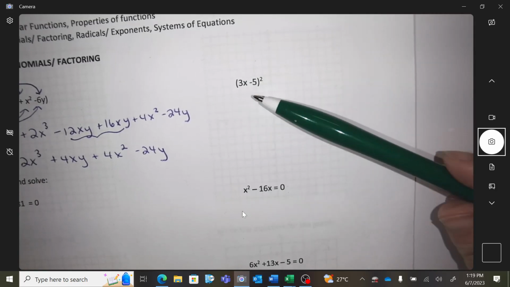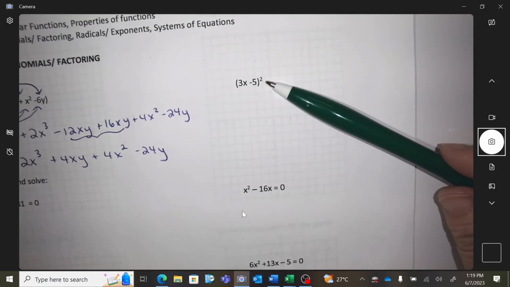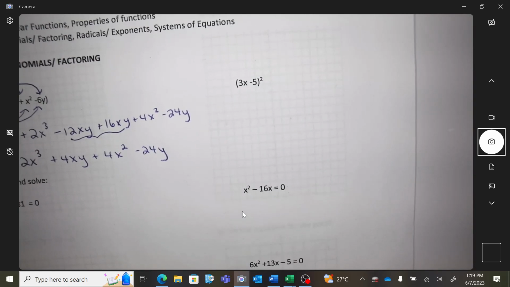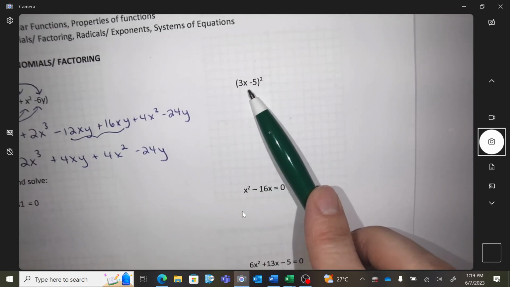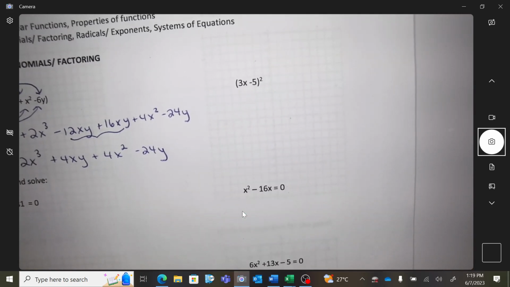So the next question has a binomial squared. Okay, here's how I want you to think about it. You are squaring this unit. You can't treat it like this. You can't square this and this individually. That's not going to work.